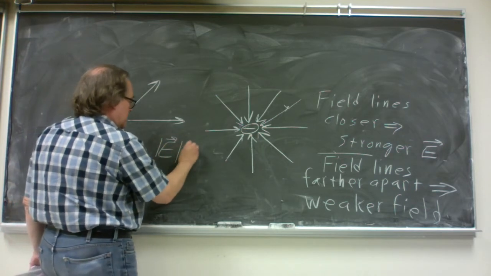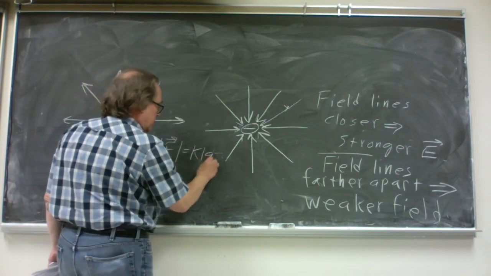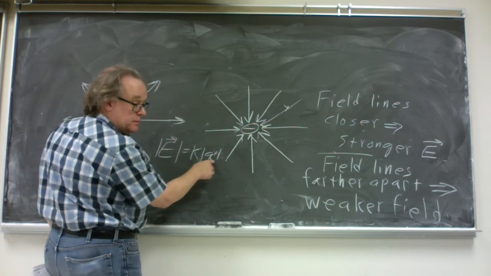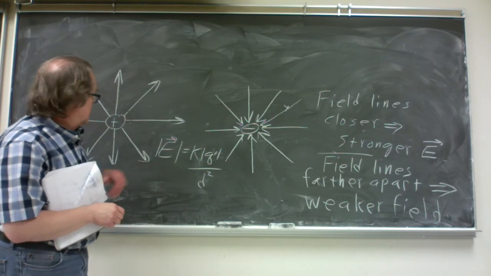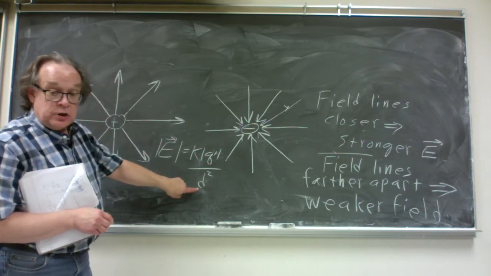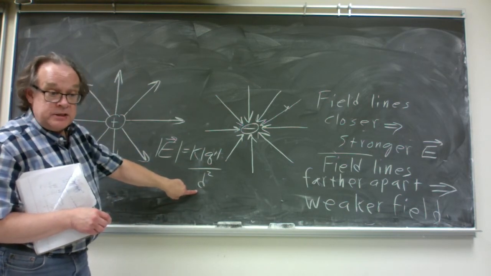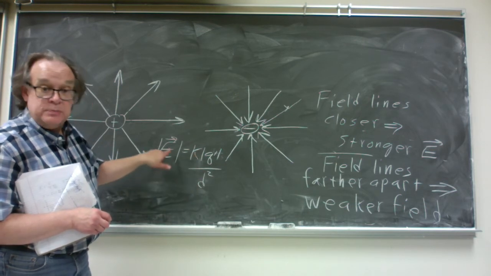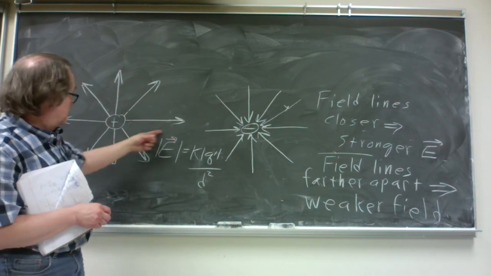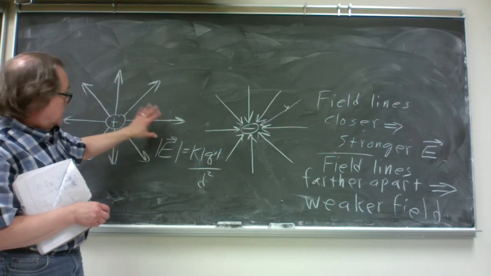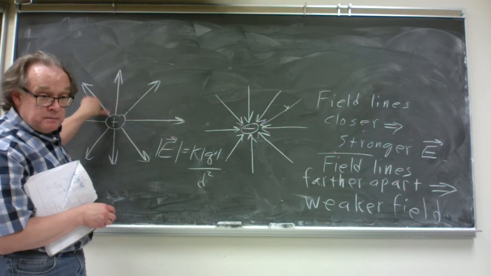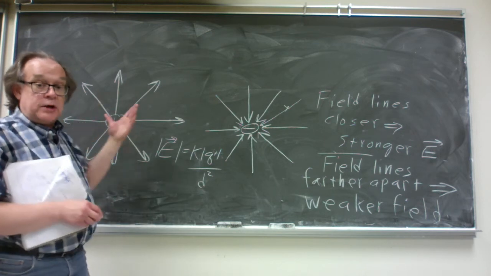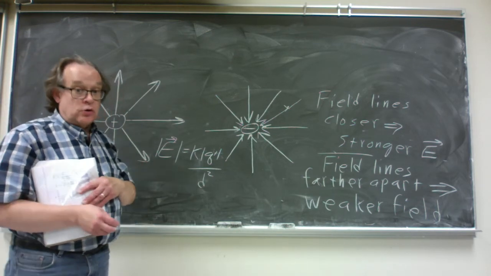Write that again: the magnitude of the field due to one lump of charge is k times the magnitude of that charge, over distance squared. And of course, as you get closer, d, the distance to the source, gets smaller, so this fraction gets bigger, a stronger field, as indicated by this drawing, where if you get closer to the source, field lines are closer together, that indicates a stronger field.